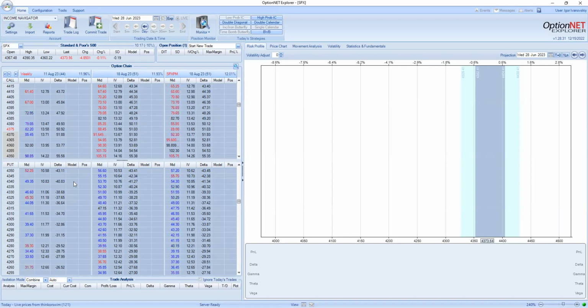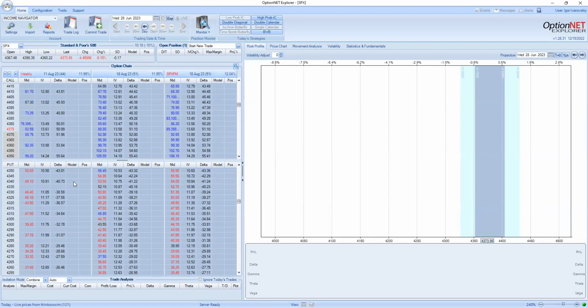Right now, you can say, well, why $10? This is a number that I've tested different variations and they all work well, but this is something that works for me because you can set up a 50-point wide put debit spread instead of $10 debit.